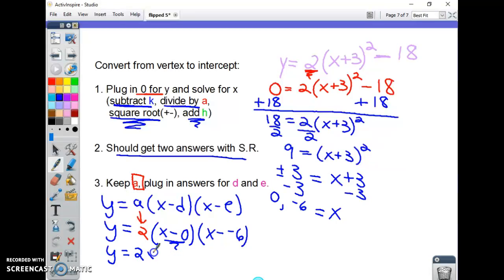So this is going to be 2x on the outside, and on the inside we're going to have x plus 6. And that's totally acceptable in terms of intercept form. If you want to keep the x minus 0 to remember, oh hey, my intercept is going to be 0, that's acceptable too.